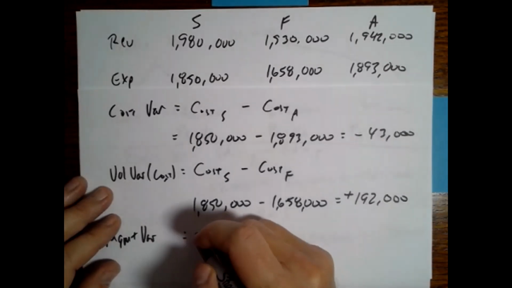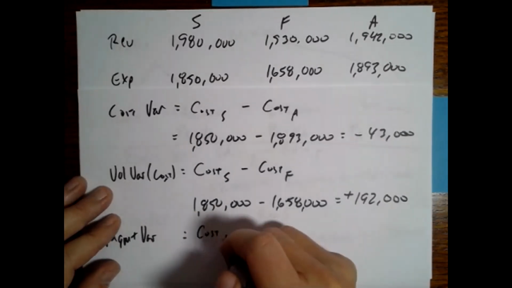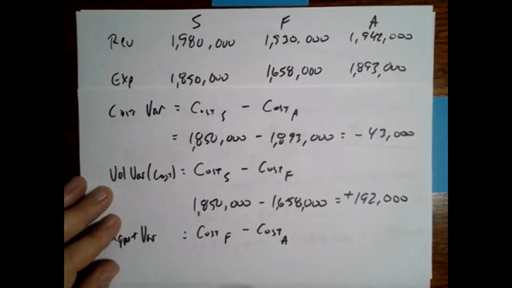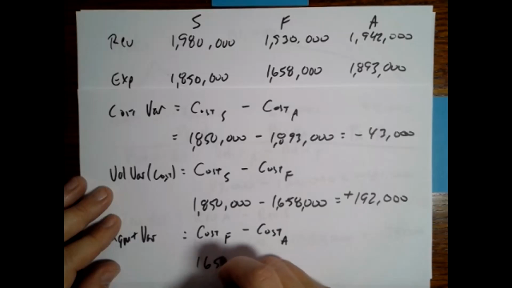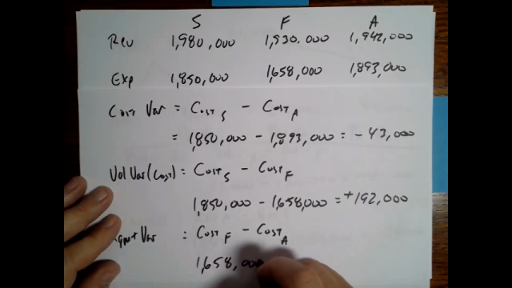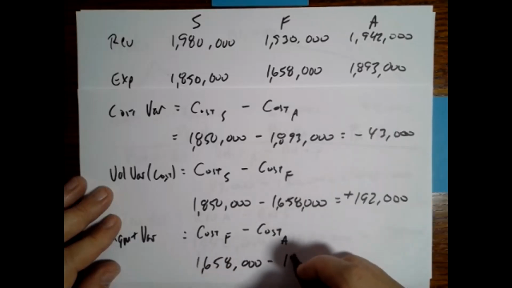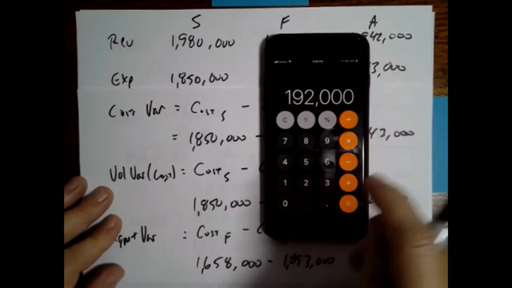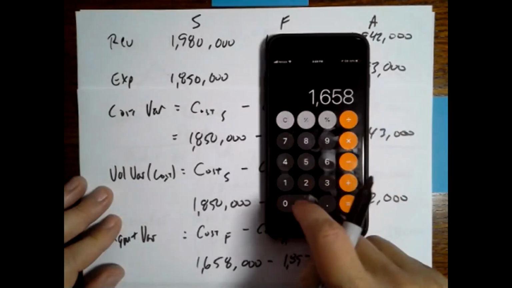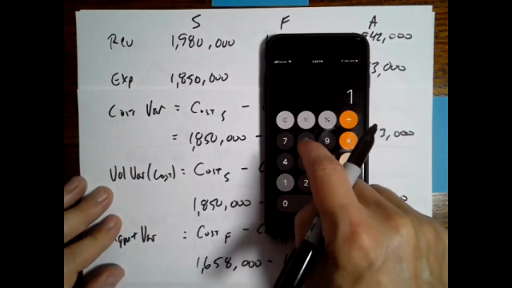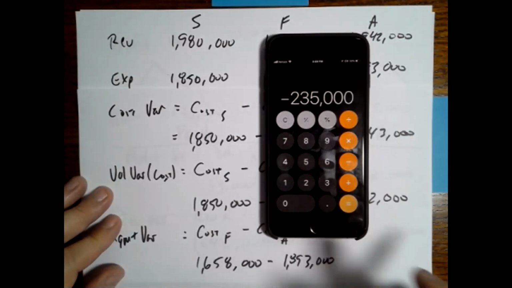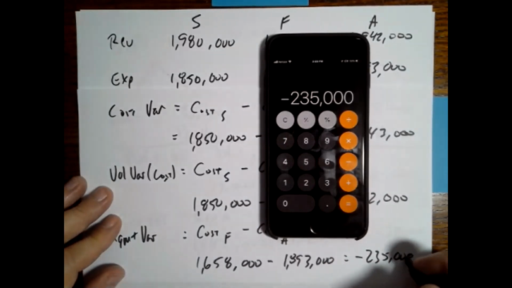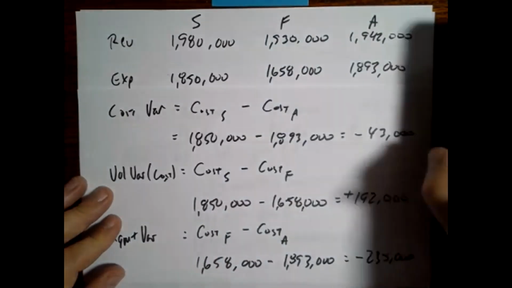So that's going to be cost flex minus cost actual. So cost flex is 1658 minus cost actual 1893. So 1658 minus 1893 gives us minus 235,000. So we were off by 235,000.